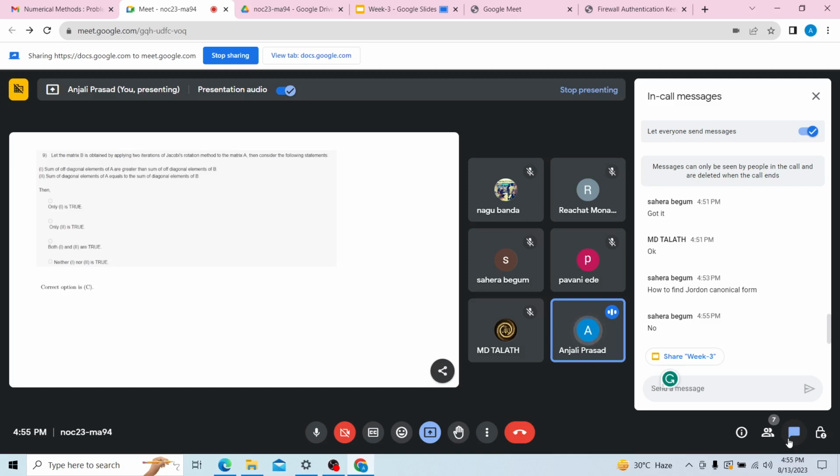You will find there the whole procedure is explained over there, how to find the Jordan canonical form. And for that, you just need to calculate A minus lambda I times v equals 0 and counting the number of linearly independent solutions, you will get through it. Okay. So for that, first you go through the video lectures.